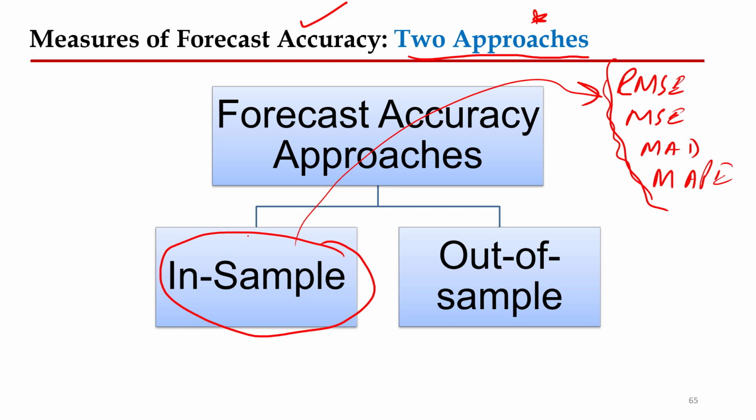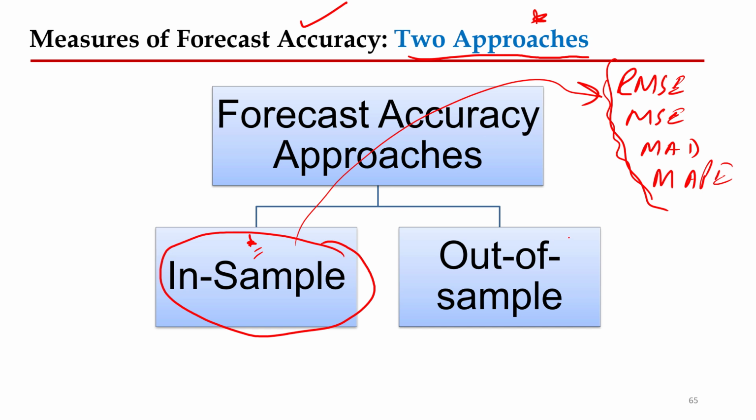But we were taking the forecast error based on the in-sample data. What is the meaning of in-sample data? In-sample data means the data we have shown to the model. Based on that given data, we predicted the values and calculated the forecast error.